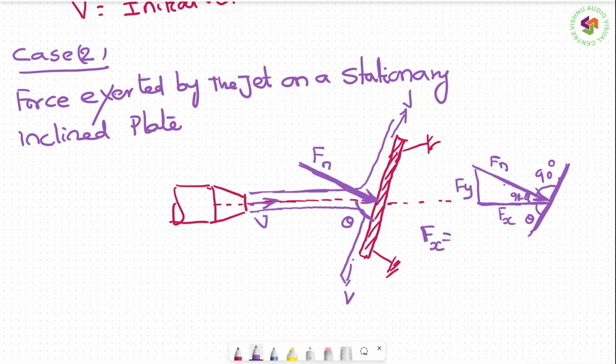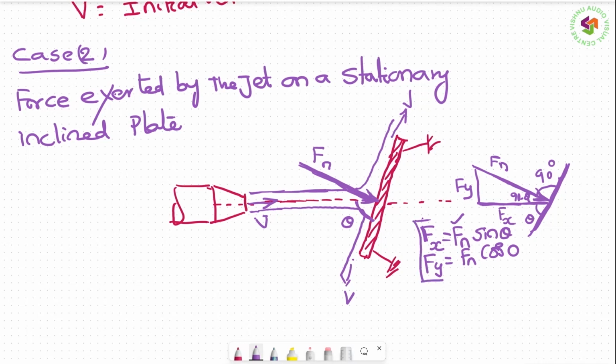Fx is equal to Fn sin theta, and Fy is equal to Fn cos theta. So if I find out Fn, then I can find out these. This is the way I will go forward.